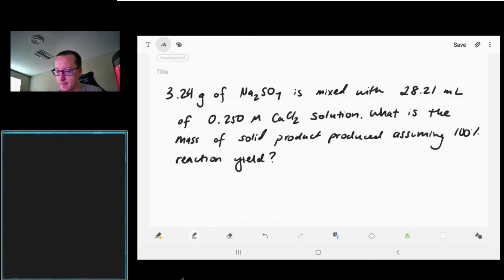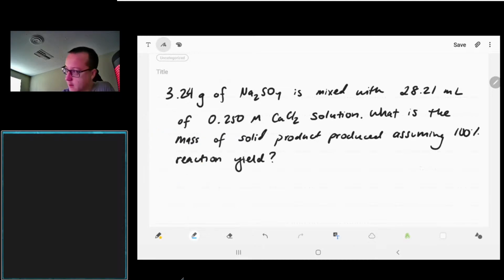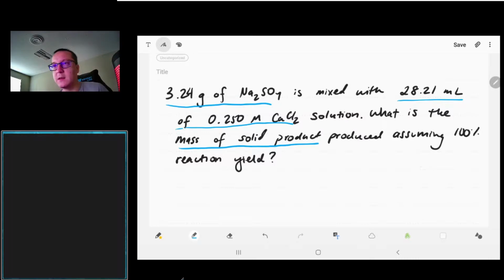So let's go ahead and see what we can digest here with light blue, of course. We have information about one of our reactants, and we have information about the second reactant, and then the question that we're asking for is the mass of the solid product.